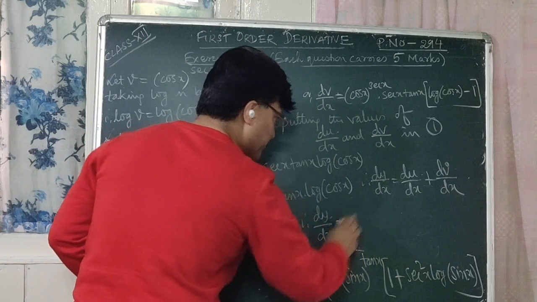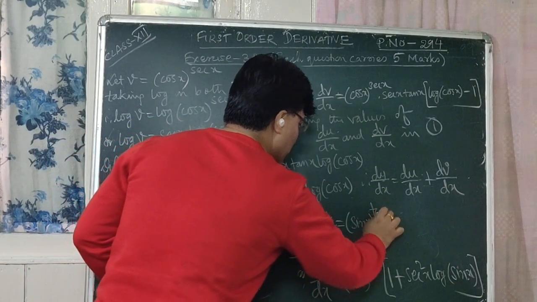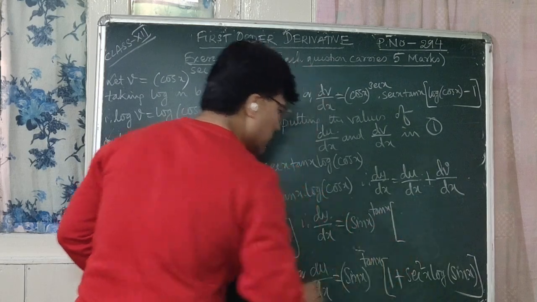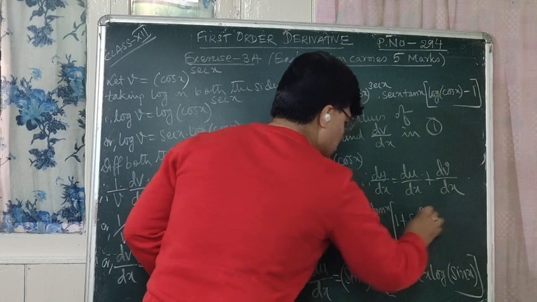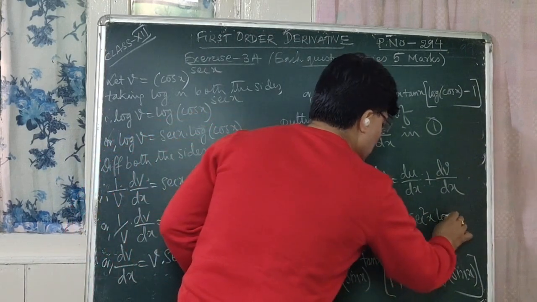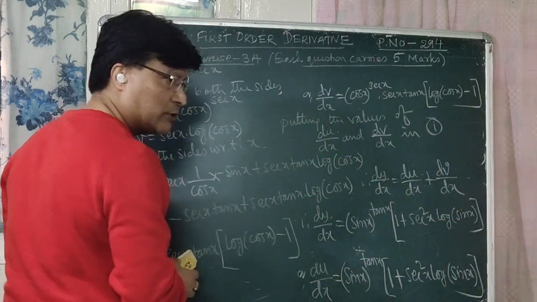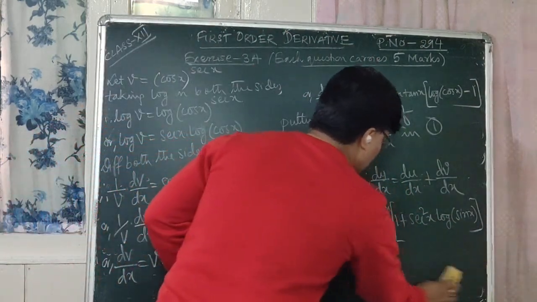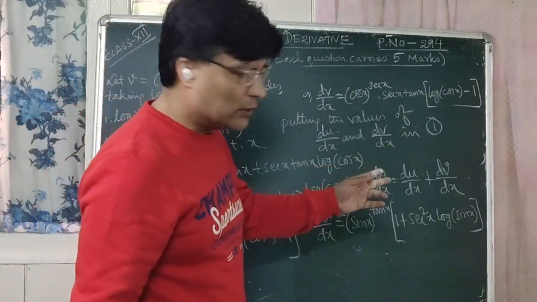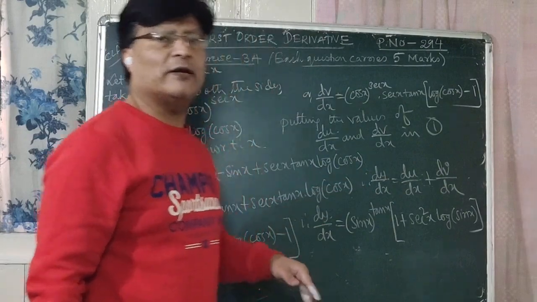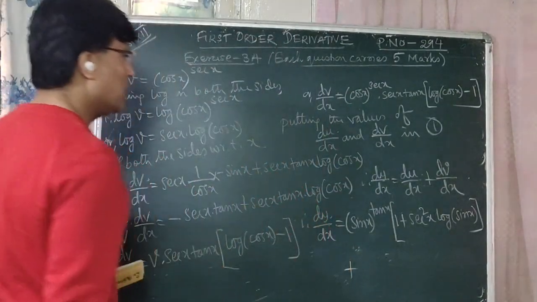Let us write it. For the first term, (sin x) whole to the power tan x, within the third bracket 1 plus sec square x log of sin x, third bracket is closed, right? So this is the value for du by dx. Since there is no space out there, let us write down the value for dv by dx in the next step. Plus, now what is dv by dx?